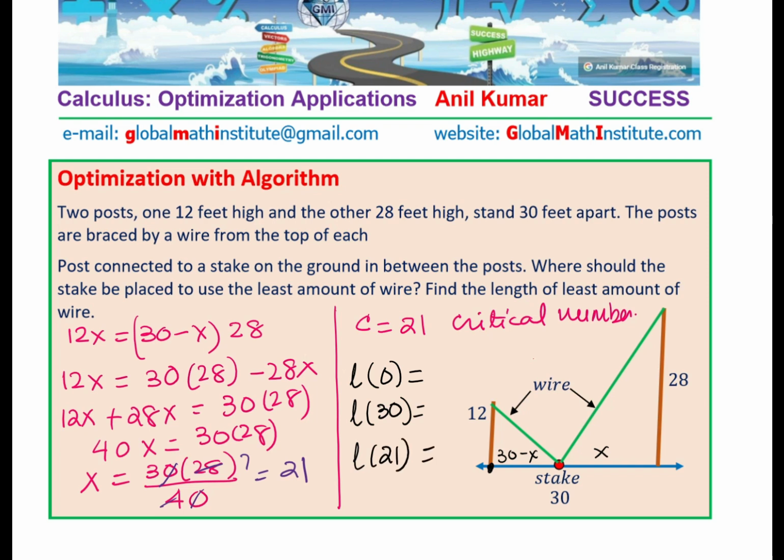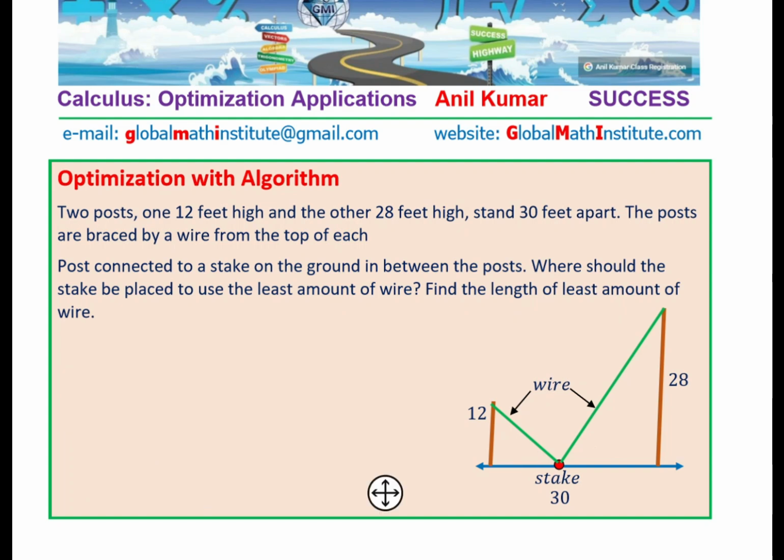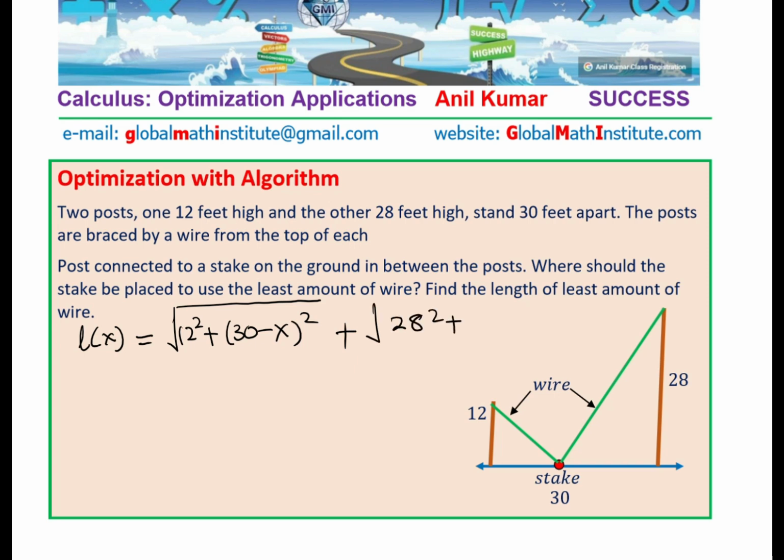Perfect. So I hope you have understood these strategies clearly, right? So now we know the length formula. Length as a function of x, which we worked out, was square root of 12 square plus 30 minus x whole square plus the other length, which is square root of 28 square plus x square, right?